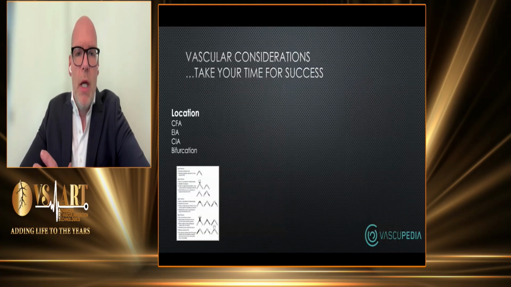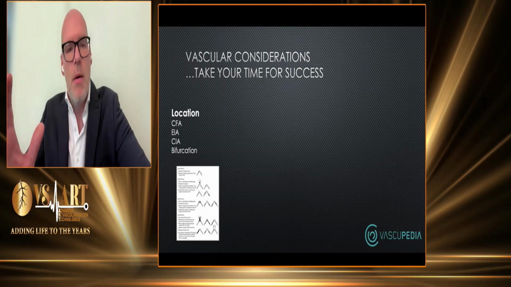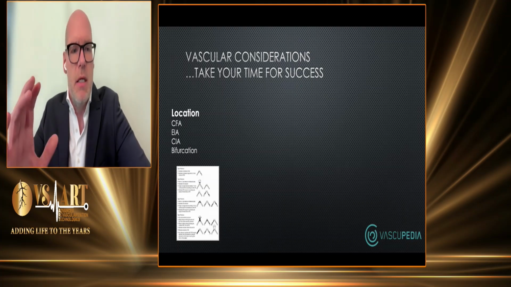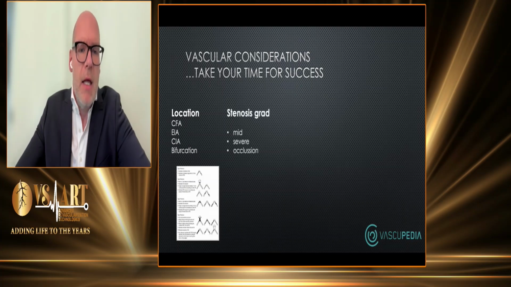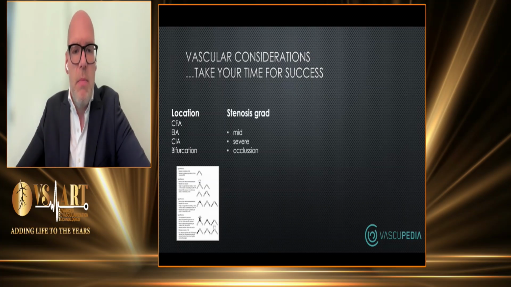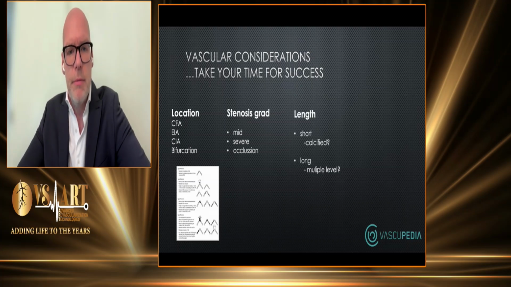So when we consider our conclusion, we have to take our times. Where's the location? Is it in the common femoral artery? Is it in the external iliac artery, in the common iliac artery, or is it the bifurcation that is also located what we have to treat? The stenosis grade is also dependent on the type classification or on the task classification, mid-severe, or is it a total occlusion?